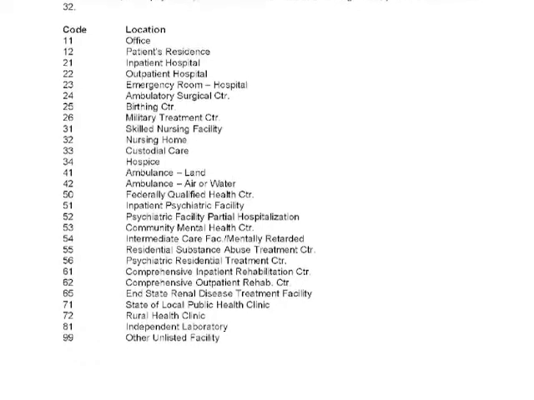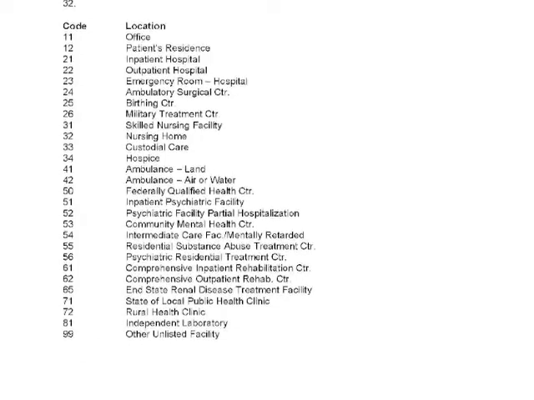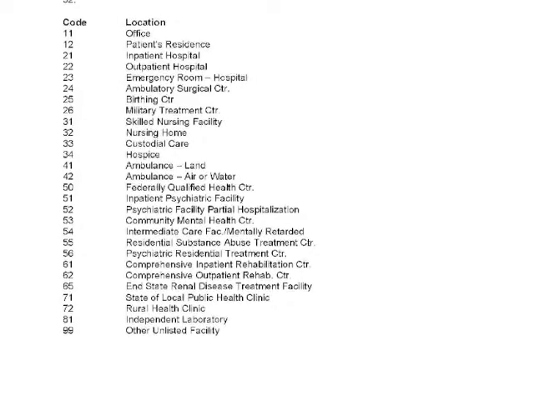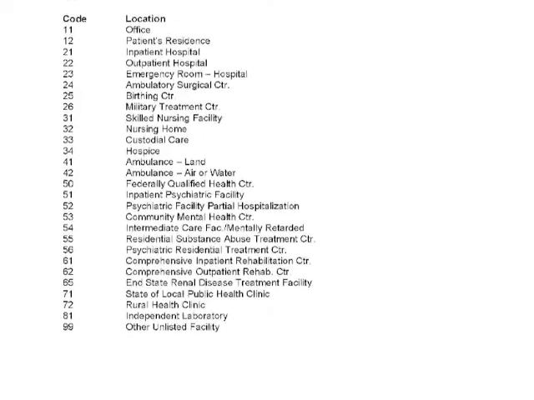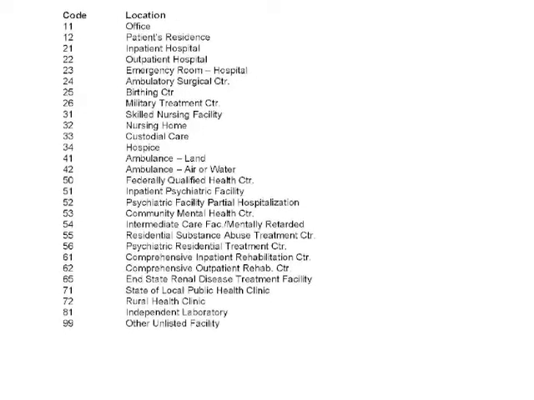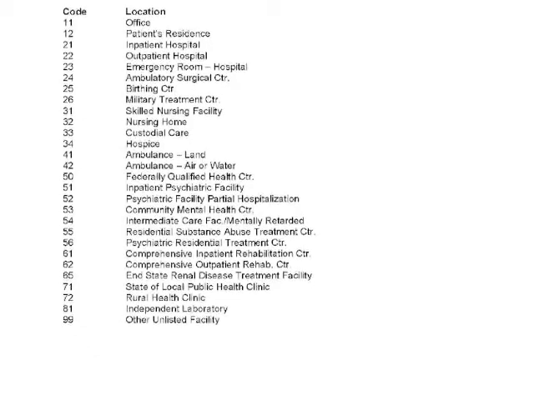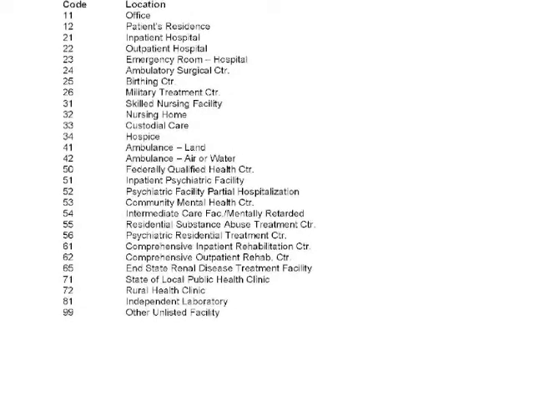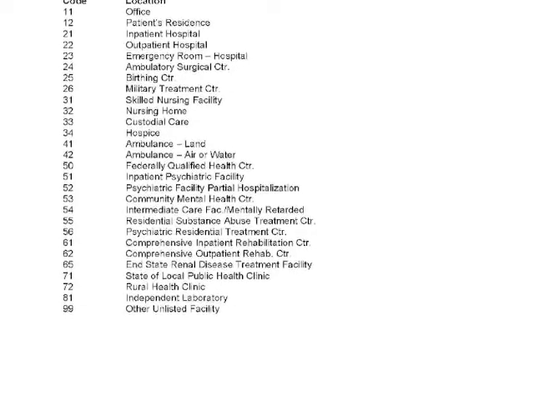51, inpatient psychiatric facility. Once again, inpatient means you've been admitted for 24 hours or more. 52, psychiatric facility, partial hospitalization. Sometimes you're hospitalized part of the day, or you're hospitalized for a couple of days, released to go home.